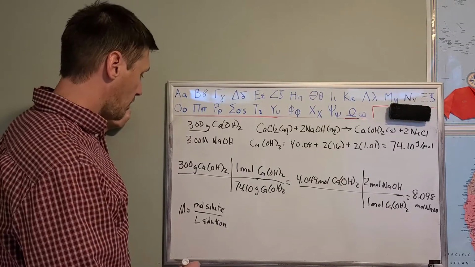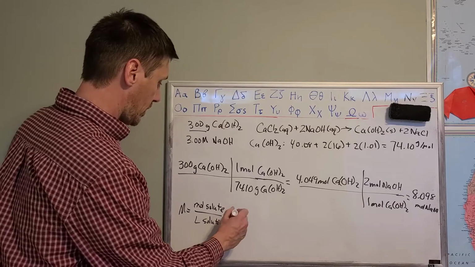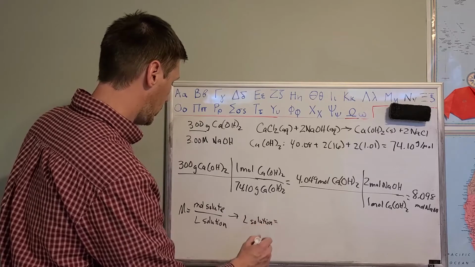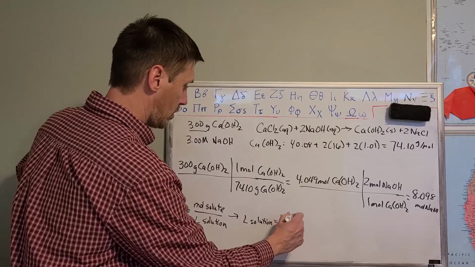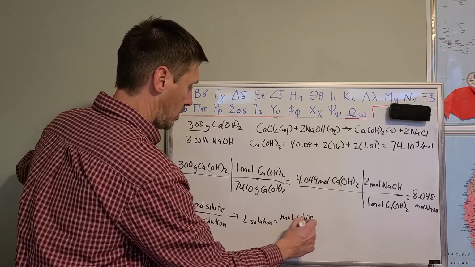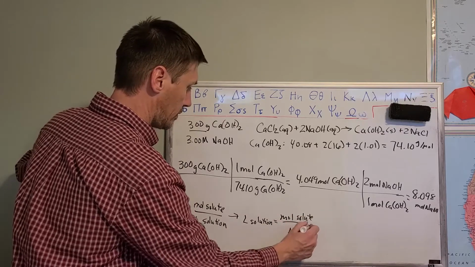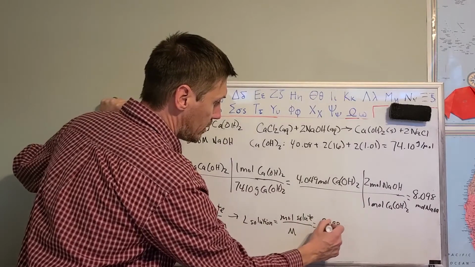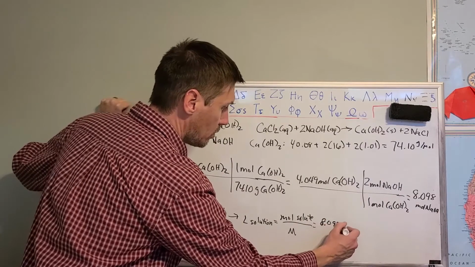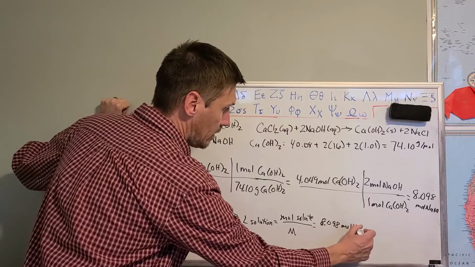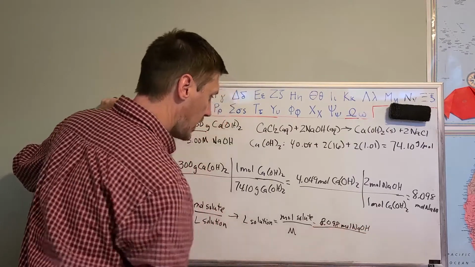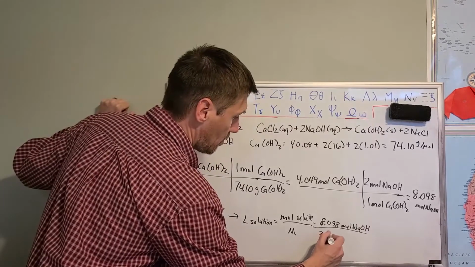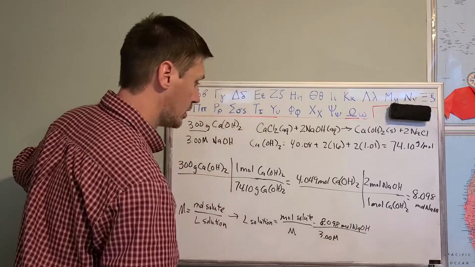And so we can figure out that the liters of solution is equal to the moles of solute over the molarity. And so we plug in our moles of solute, 8.098 moles of NaOH, divided by the molarity, which is right here, 3.0 molarity solution.